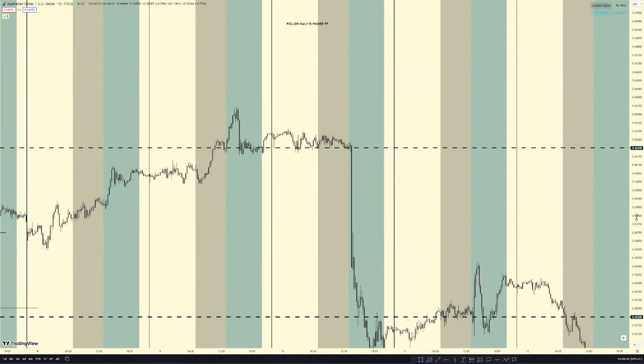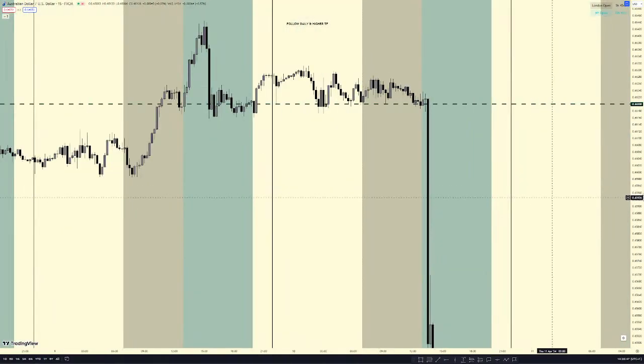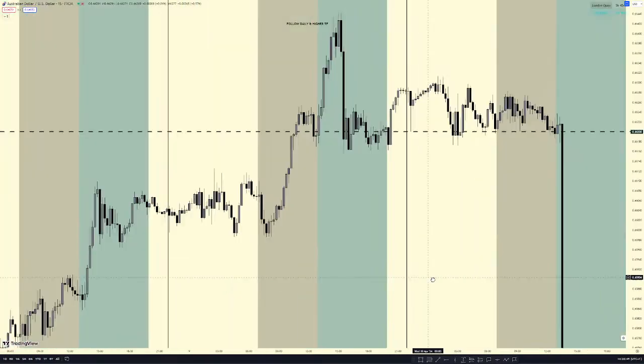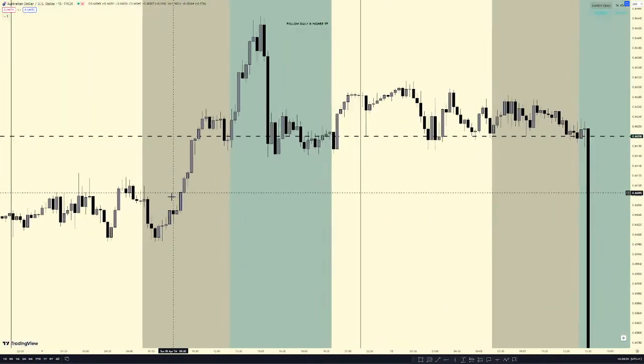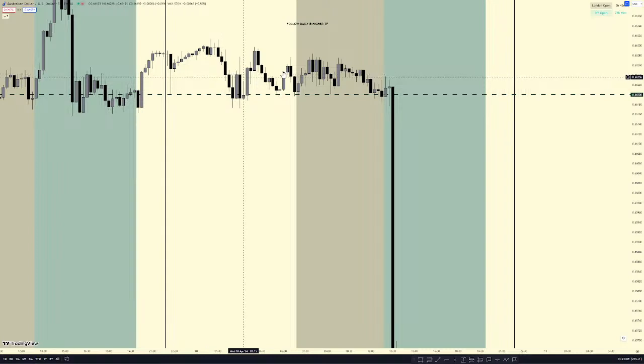Price delivered in Asian session, and then in London session it came into this inversion before it delivered. So it's literally a continuation of that Asian move. Look at all the consolidation, and then in New York it moved.